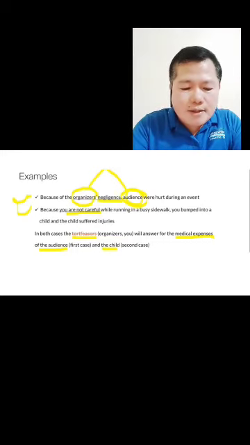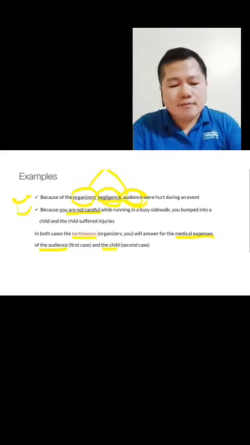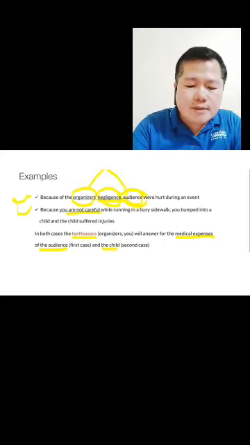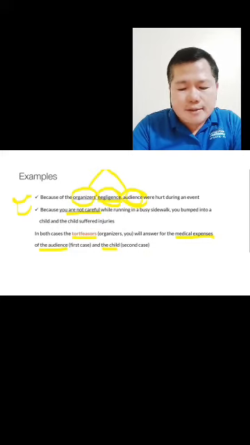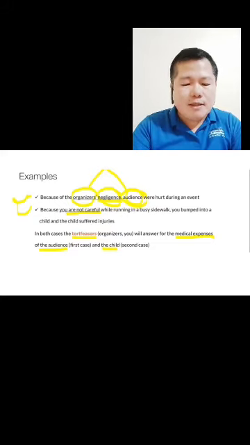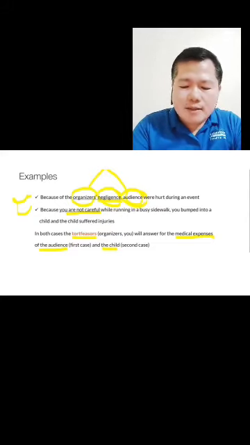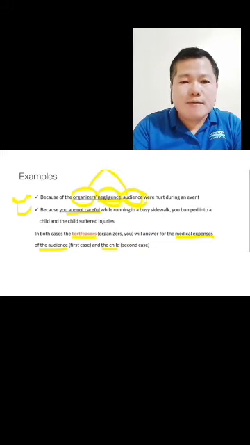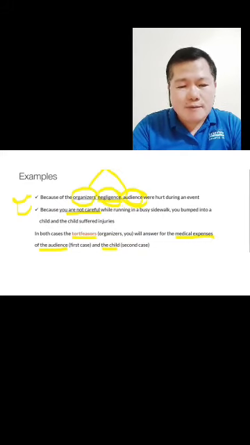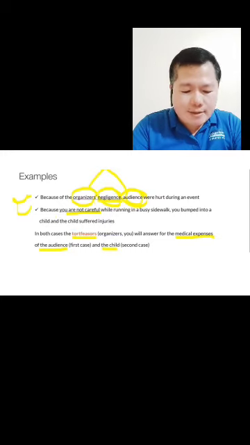The reason there is the negligence. Although there is no contract between the organizers and the audience which says that in case the audience will be hurt because of the negligence of the organizers, they will answer the medical expenses, there is no such contract in the first place. But even if there is no contract, there is still obligation on the part of the organizer once it is proved that there is negligence.